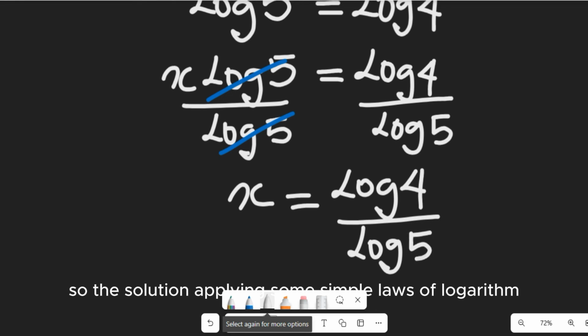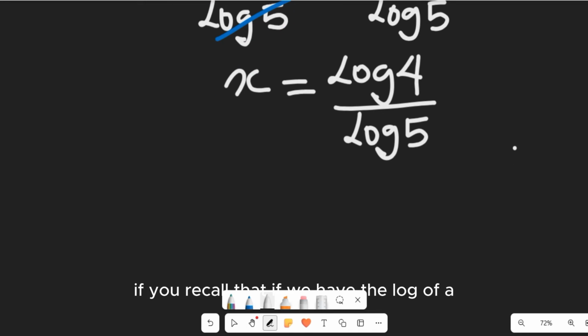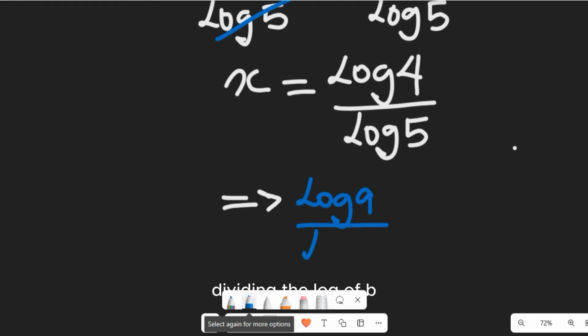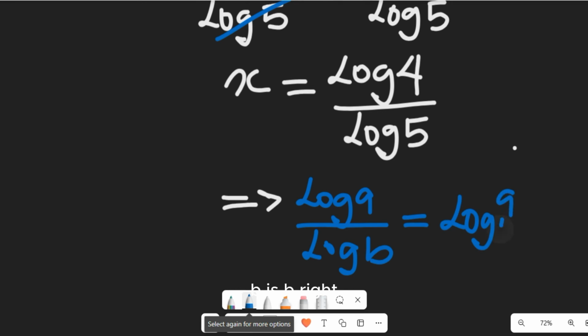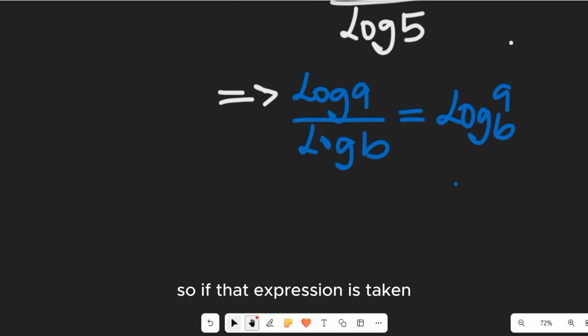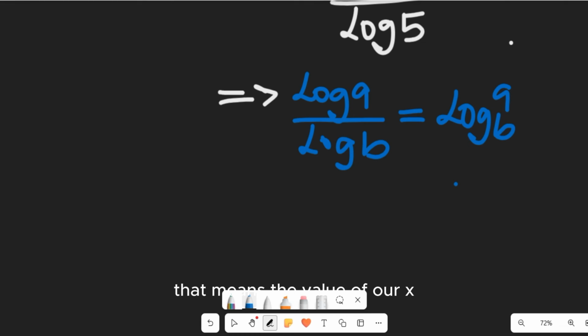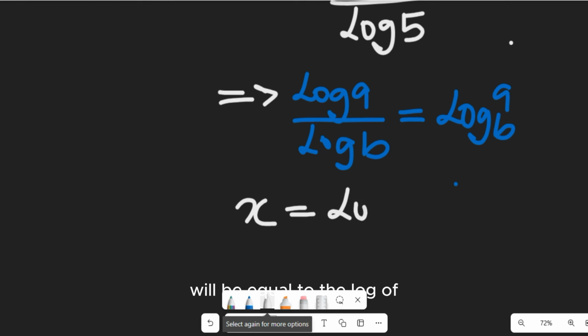So the solution, applying some simple laws of logarithm: if you recall that the log of a divided by the log of b is equal to the log of a base b, then the value of our x will be equal to the log of 4 base 5.